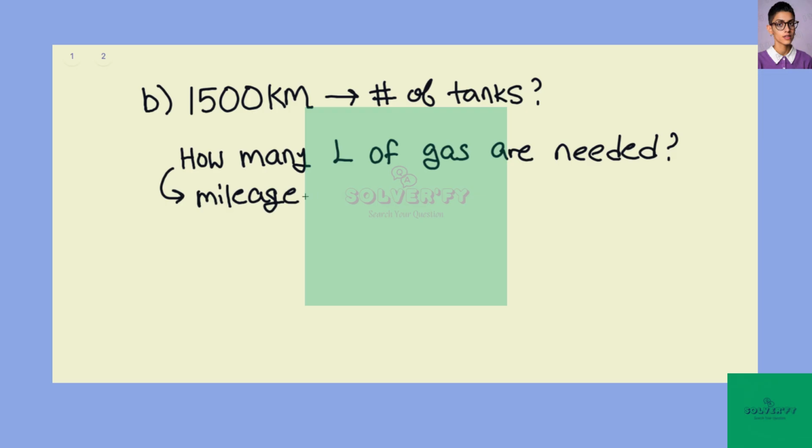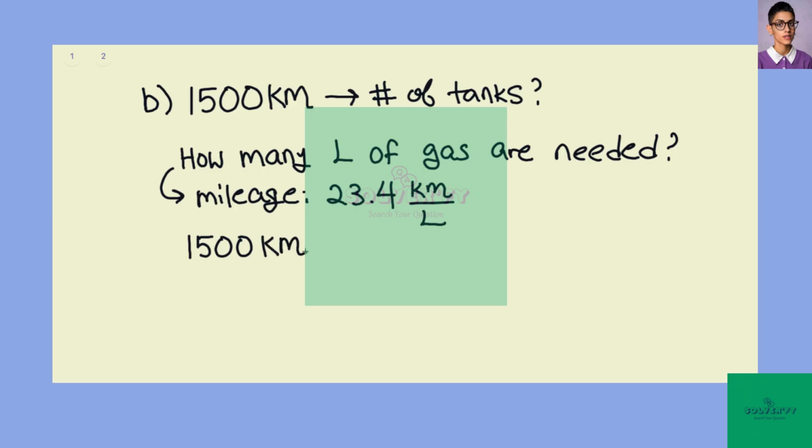Now, luckily for us, in part A, we converted our mileage in terms of kilometers per liter. So our mileage was 23.4 kilometers per liter. And you'll start to see that the strategy will look awfully similar as before.